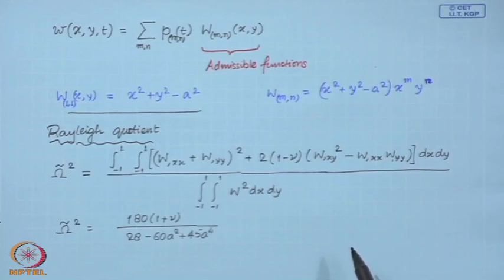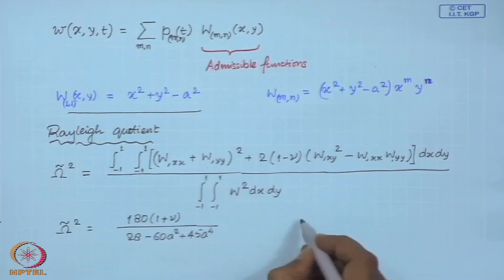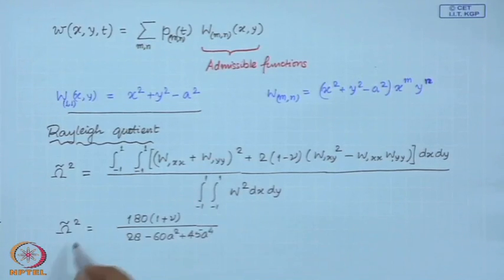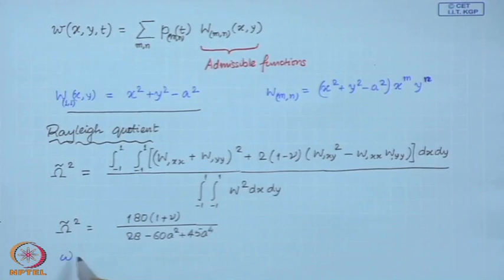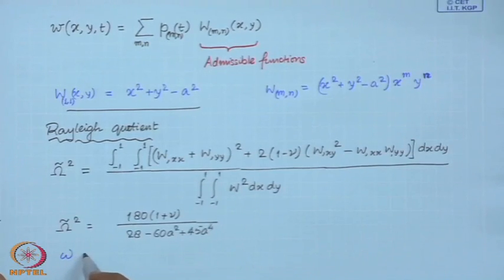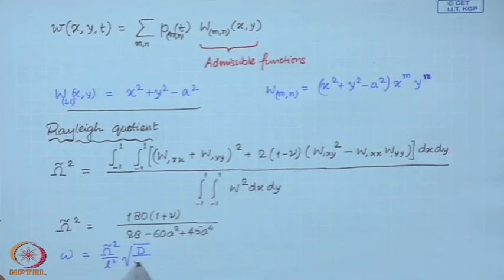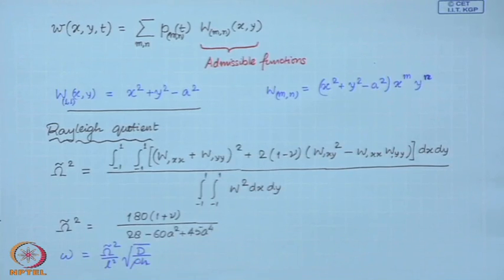Now, we may then think of, for example, improving the support. By improving the support, I mean increasing the natural frequency of the plate. Of course, this is the non-dimensional frequency, so the dimensional frequency will be obtained using this expression.